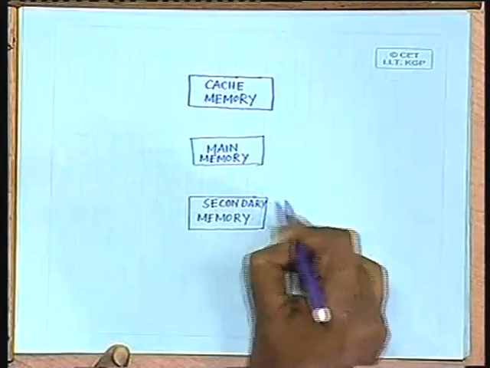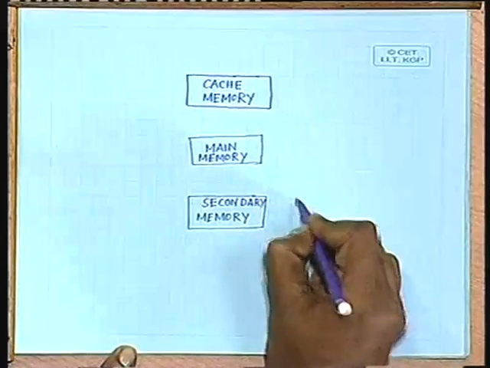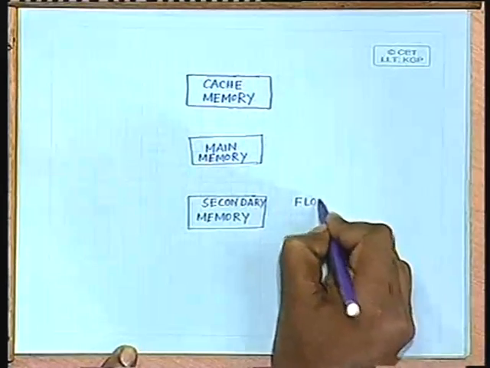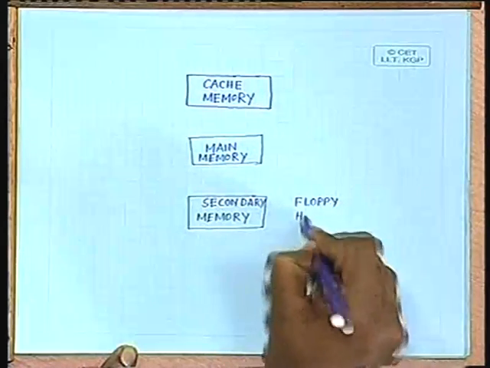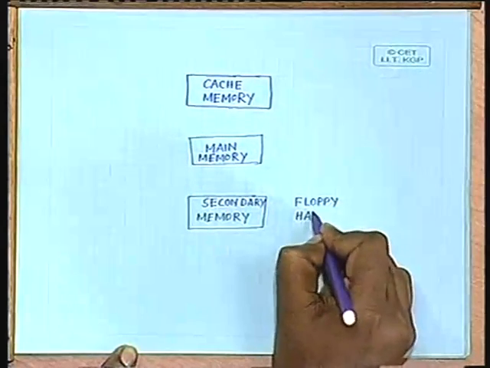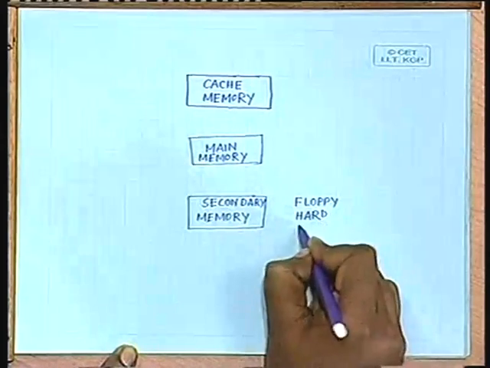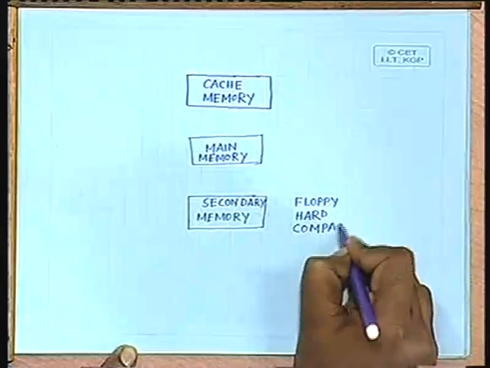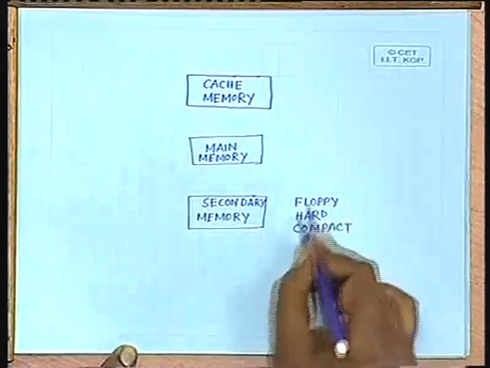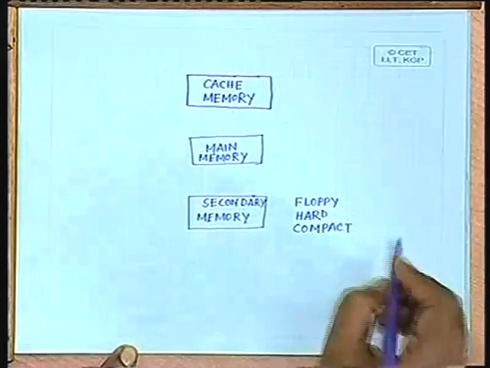So, all the disks, say for example, floppy disk or hard disk or compact disk, they are all in this category of secondary memory.